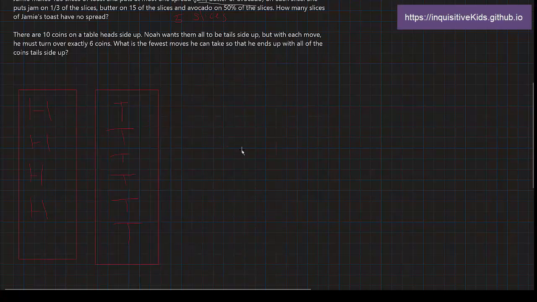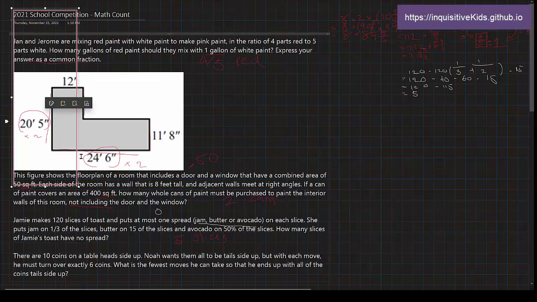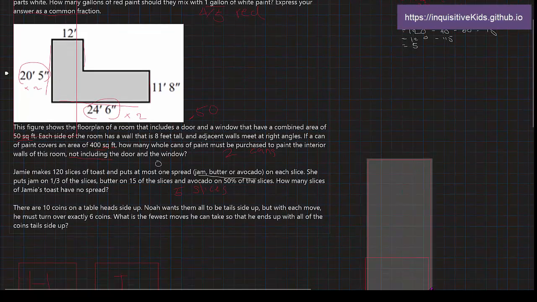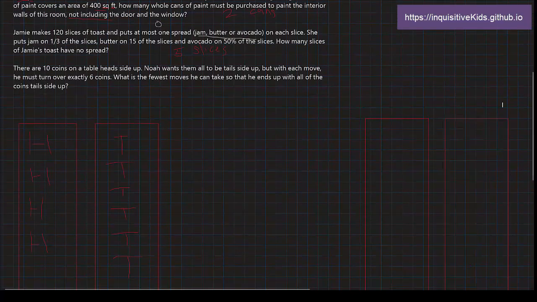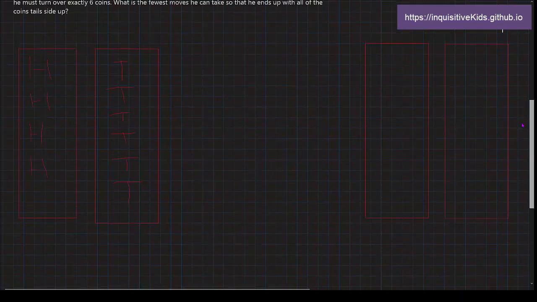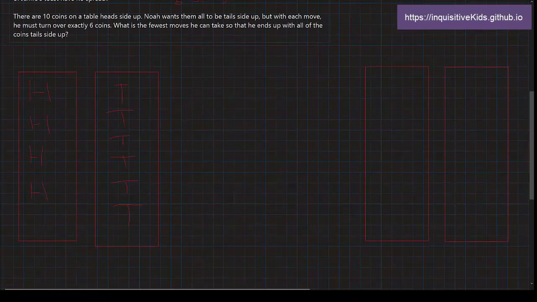And now here's an interesting part. I want you to think about what the second to last coin arrangement would look like. Well, in order to make it all tails, it would have to look like 6 heads and 4 tails.